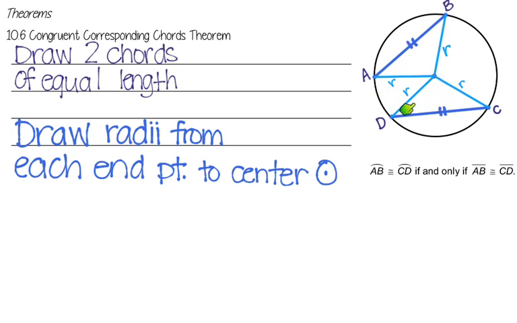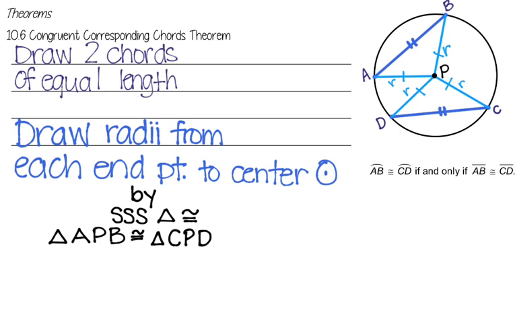All of these radii are the same length, so I'm going to put one tick mark in each one of those, and then I look at each of those triangles and notice, oh, each of these triangles has exactly the same sides. So by the side-side-side congruency theorem, I know those triangles are congruent.